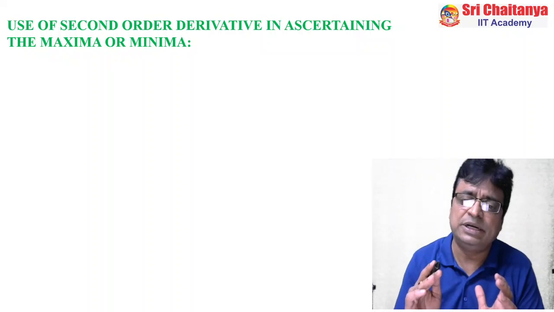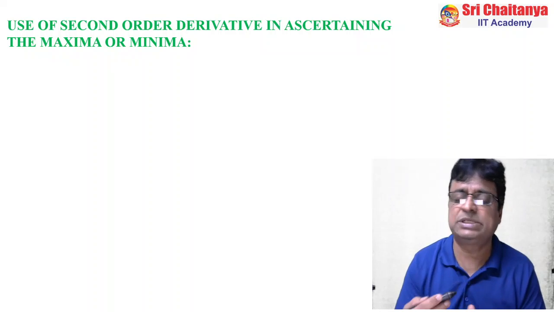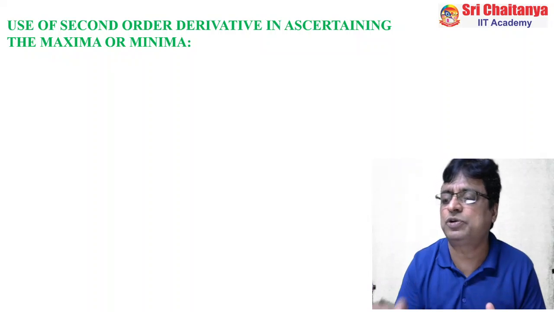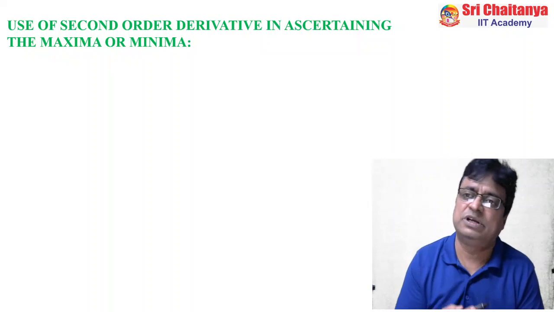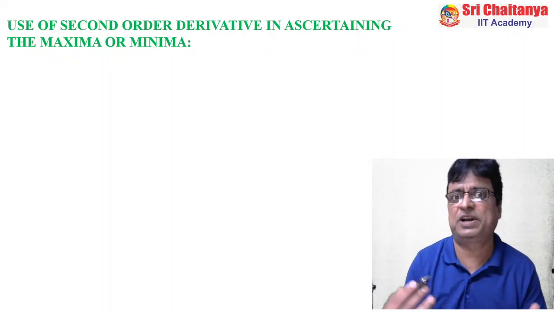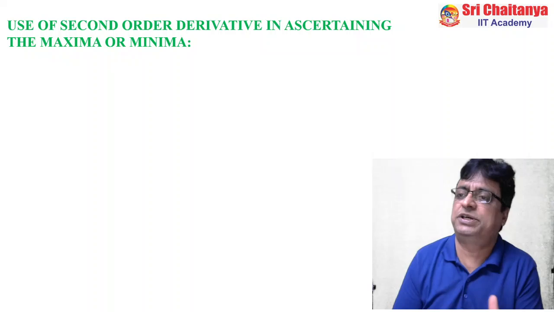Even for differentiation, what is the beauty of the first derivative? If a tangent is possible to draw at each and every point on the curve, definitely I can say that the curve is differentiable. That is the geometrical interpretation. So what is the beauty of the first derivative?